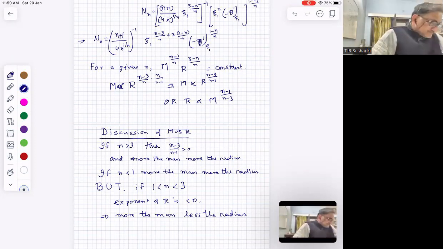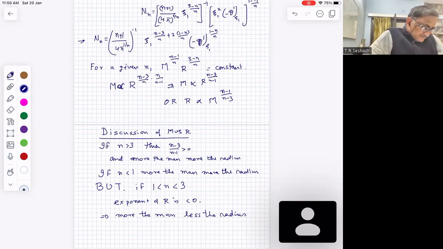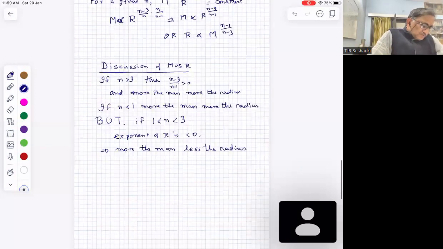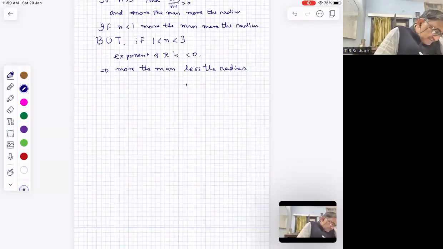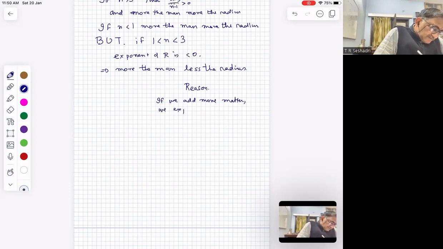Sesh, can you explain the reasoning again? So basically, the reason is, if we add more matter, we expect it to occupy more space.